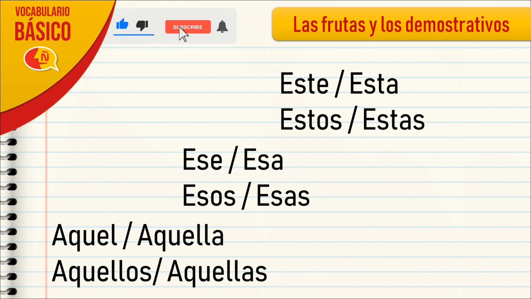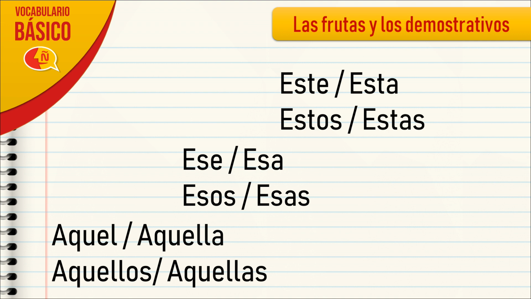Well, the answer is very, very simple. We have many demonstratives because we have to differentiate between the gender of the things or people that we are referring to. As you may remember, in Spanish we have genders for everything. And we also have to differentiate between the plural and singular.